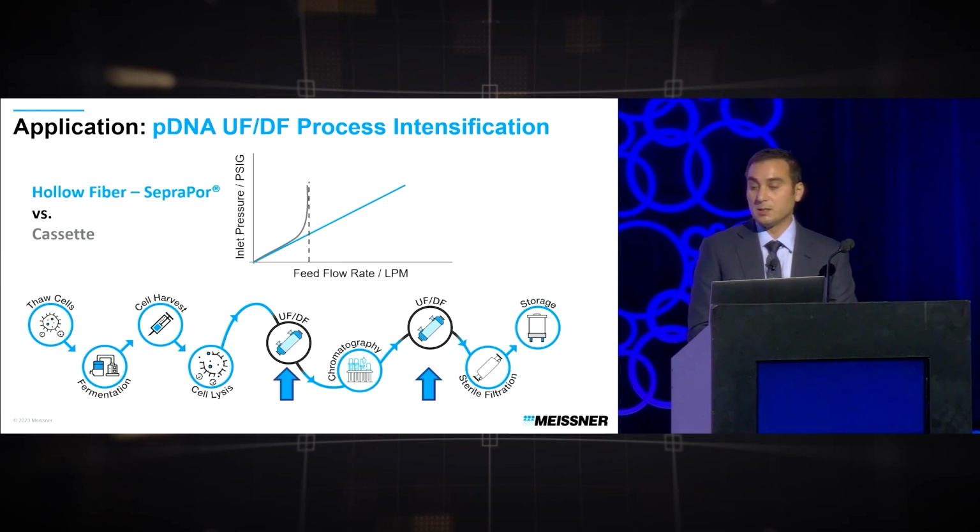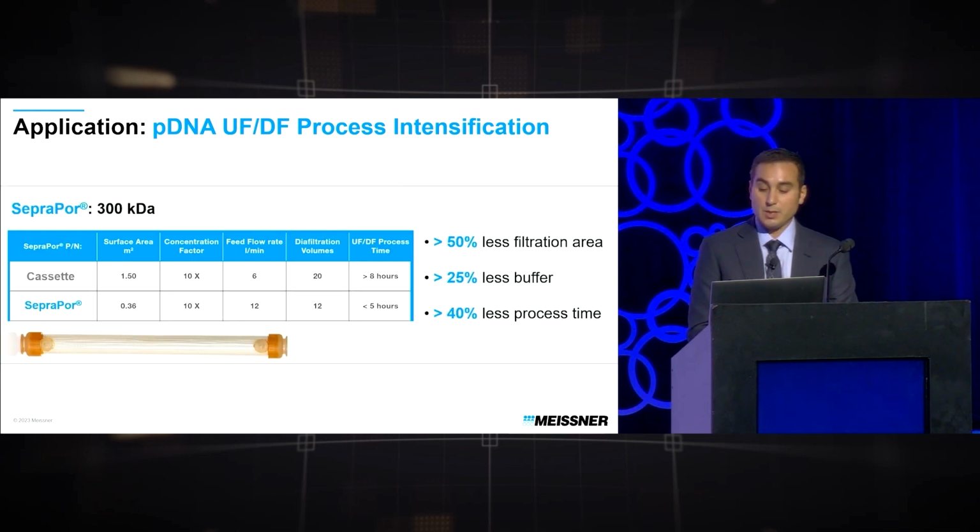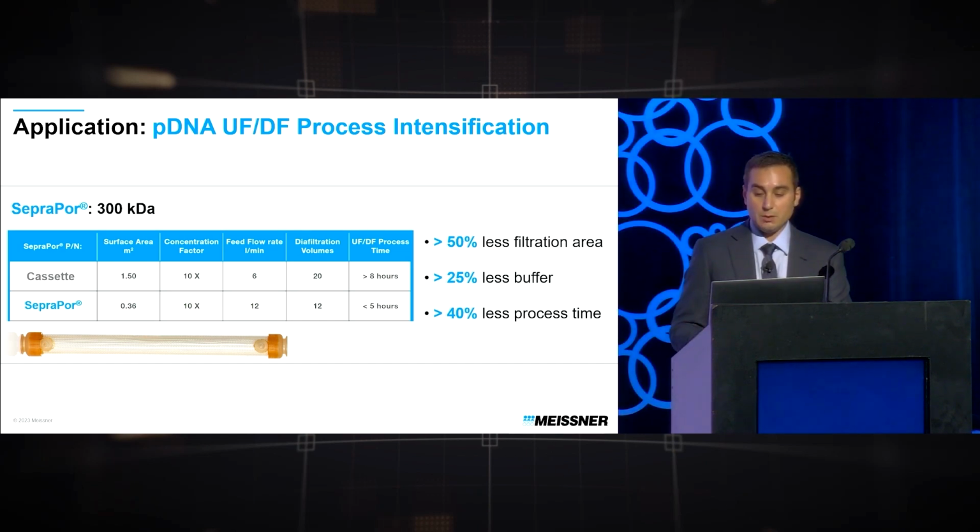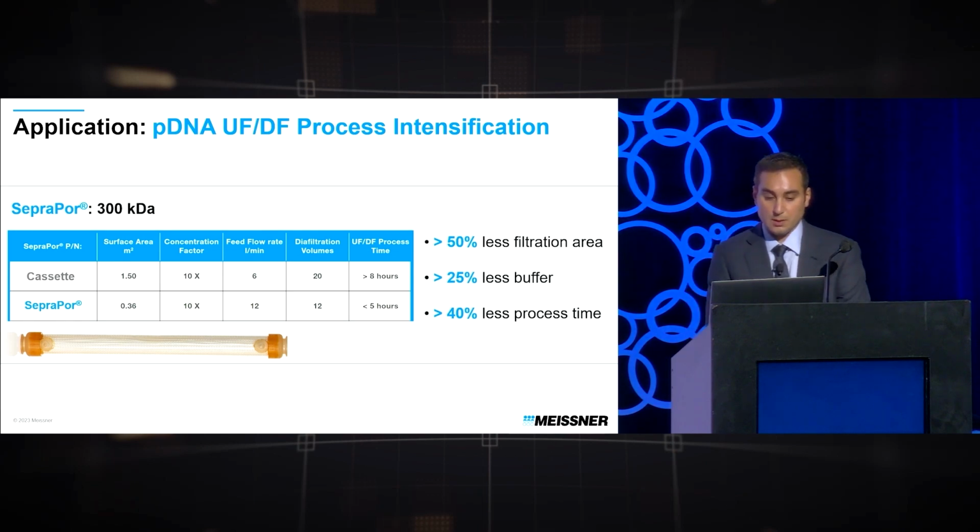So in cassettes, inlet pressures can spike when trying to increase the feed flow rate in comparison to hollow fibers, which have much higher throughput rates and therefore more effective filtration. So this is summarized in this table here, highlighting the difference between the cassette that was used at 1.5 square meters and the SepRapport hollow fiber filter that was used at 0.36 square meters.